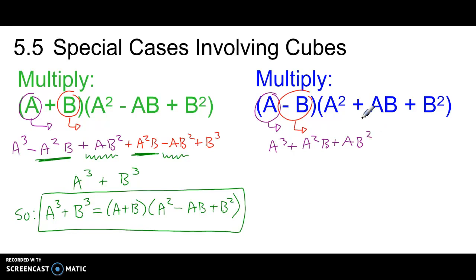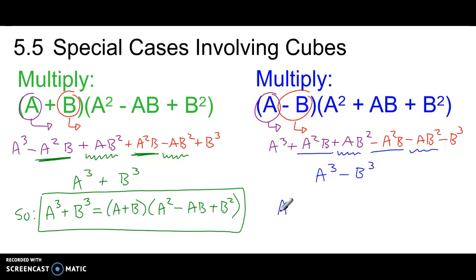And when we multiply everything by negative b, we get negative a squared b, negative ab squared, negative b to the third. And like in the previous problem, some things cancel out. That cancels that, this cancels this, and all we have left is a to the third minus b to the third. Almost the same thing we had with the previous problem, just a minus sign instead of a plus sign.